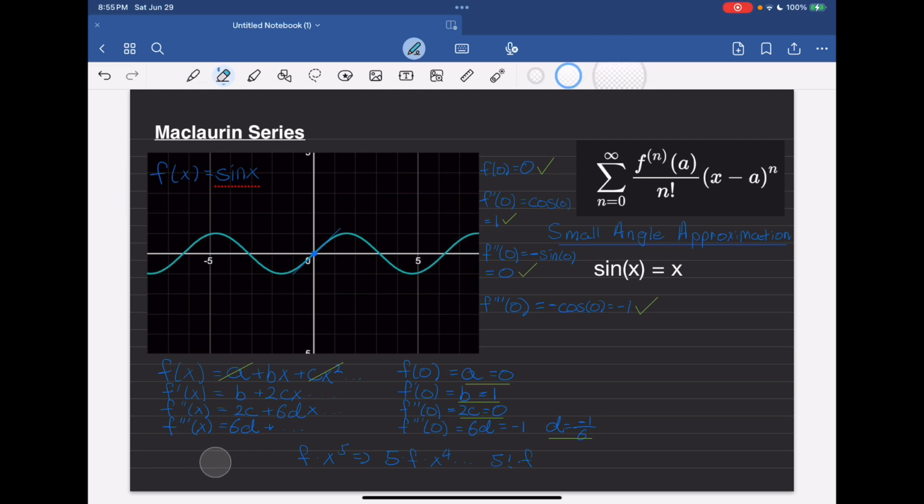So if we want to find the complete formula for sine of x, we can just do a little bit of pattern recognition. Since we know that they're going to alternate in sign, because the derivatives of sine alternate in sign, we'll see that we have negative 1 to the n, and we can start our index at n equals 0. And then it's x to any odd power. Now, all odd powers can be written as 2n plus 1.